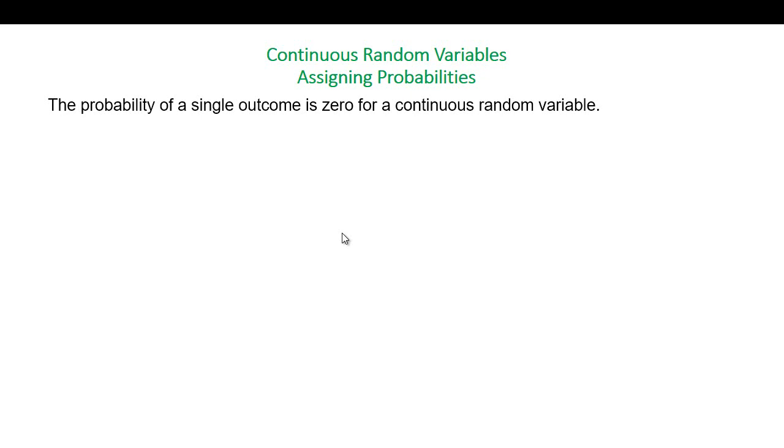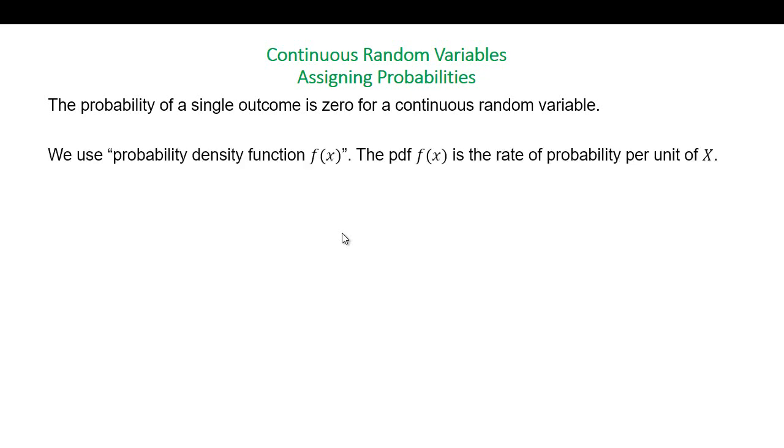Well, you see, when we talk about height, because of the lack of precision and all that, it is more appropriate to say that the height is between 6.27 and 6.28, right, or something else. So the probability of a single outcome is 0.